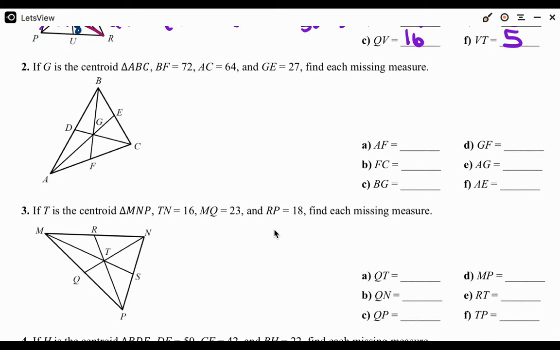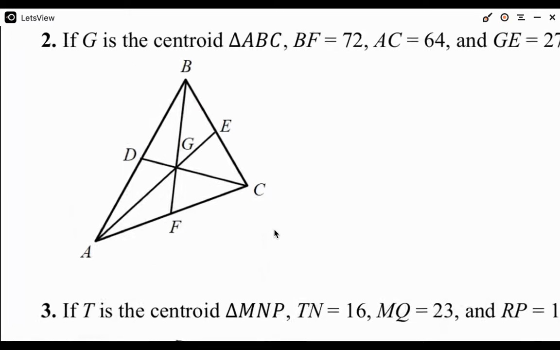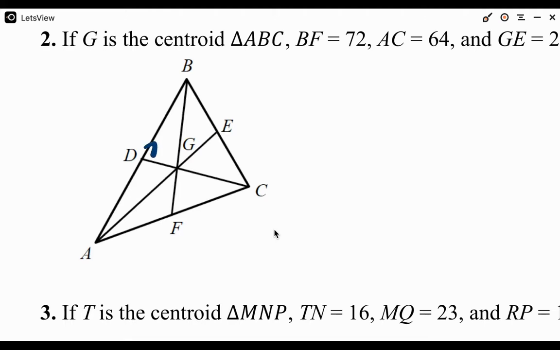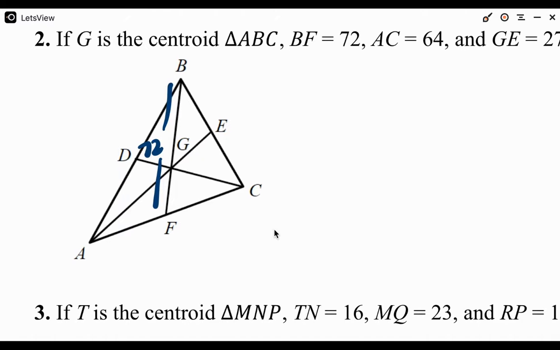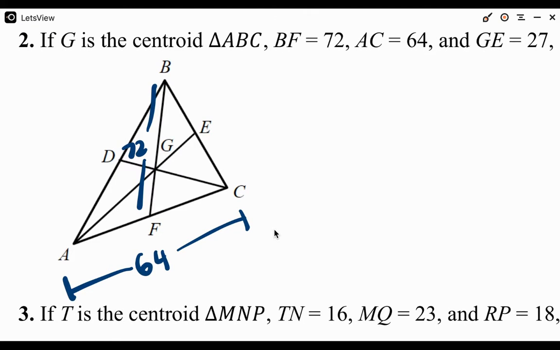In number 2, G is the centroid of ABC. We know that BF is 72. So I'm going to zoom in and write all this stuff down. So we know 72 is for BF. AC is 64. And GE is 27.